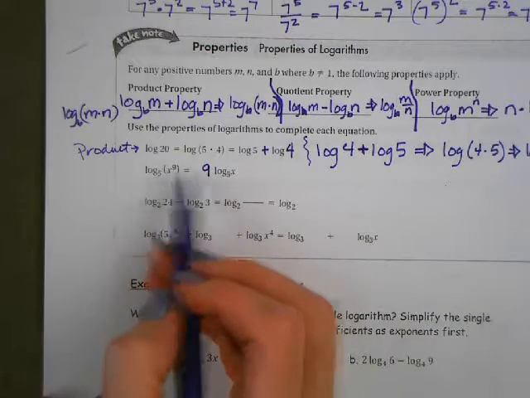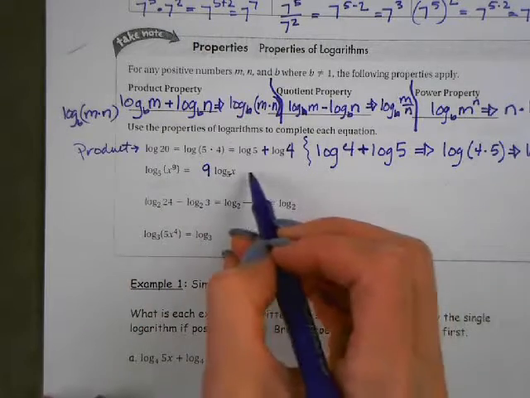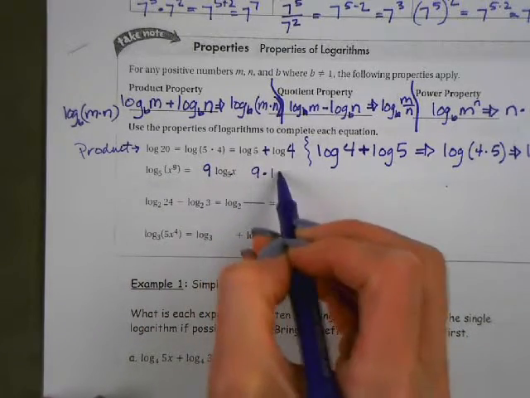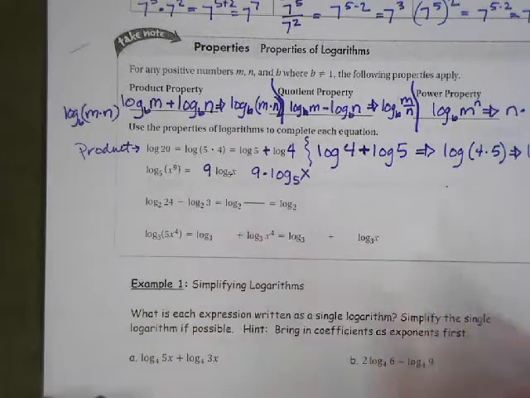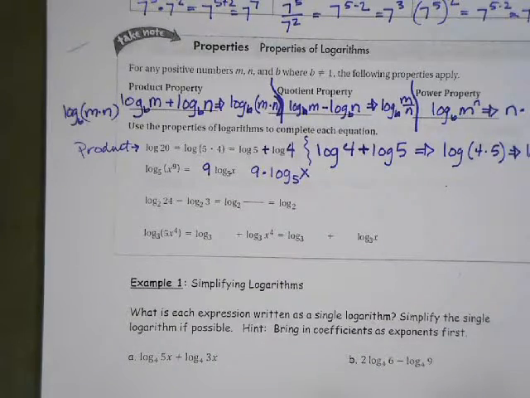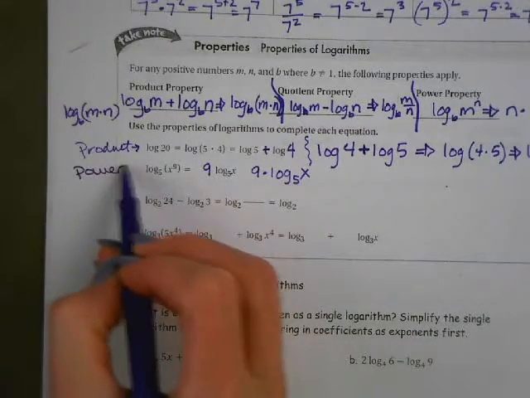When you see something like that, you just take the exponent and bring it down. And that's really 9 times whatever the log base 5 of x is. So whatever this value is, you multiply it by that, and that would be your answer. Alright, so that is the power.